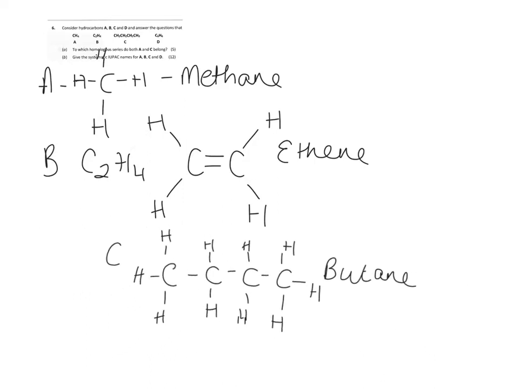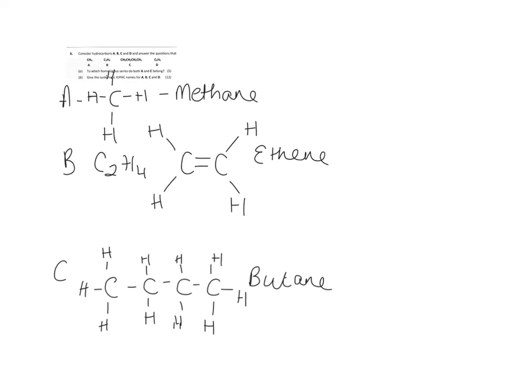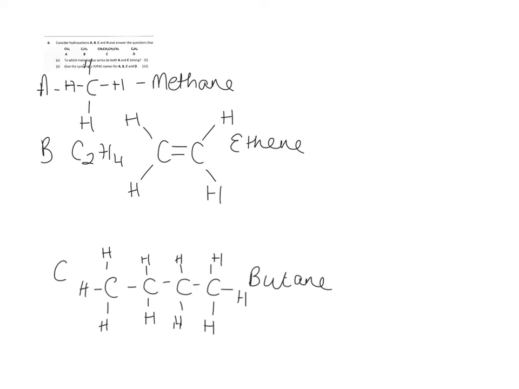And our last one, if I can make space, is C6H6. Now C6H6 is an unusual molecule, and that is benzene. Now that's just one of the ones you're going to have to know off by heart. But benzene, when you're drawing it in a ring, it ends up looking like this.